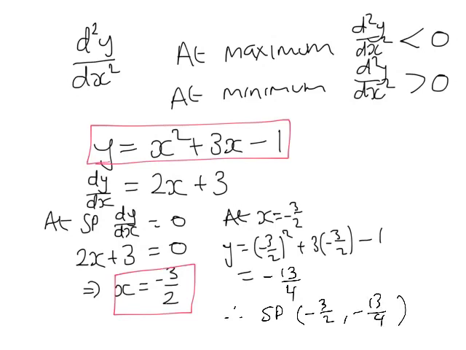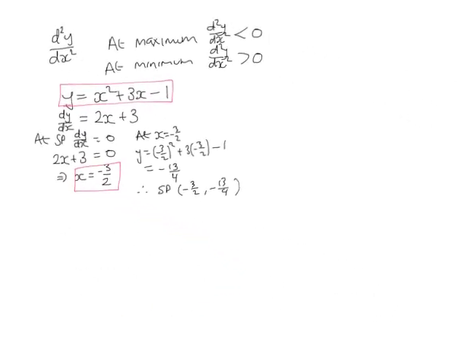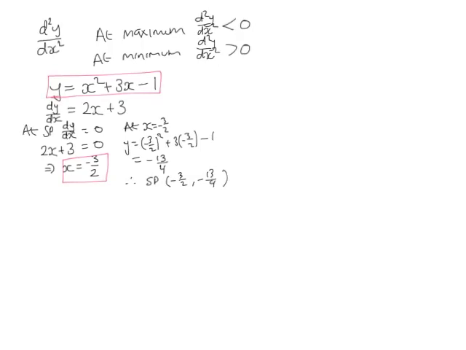So now we're going to find out if this is a minimum or a maximum point by looking at our second derivative. Okay, so let's first find the second derivative of this. We said dy/dx, our first derivative, is 2x plus 3. So if we differentiate again, d2y/dx squared is equal to 2.